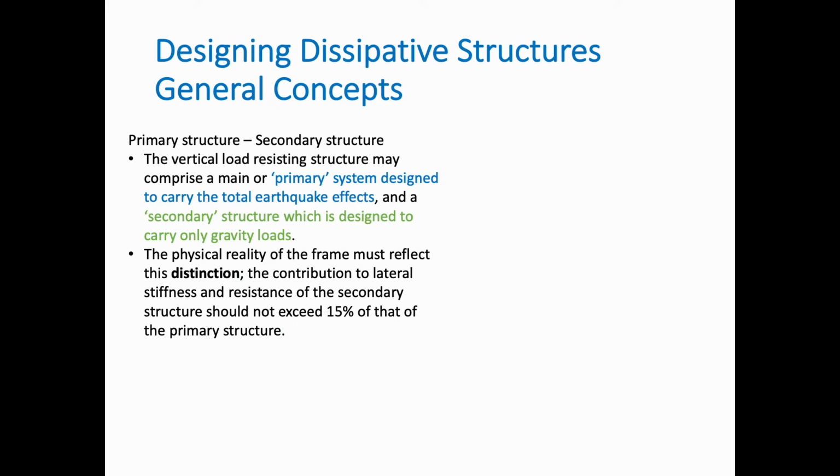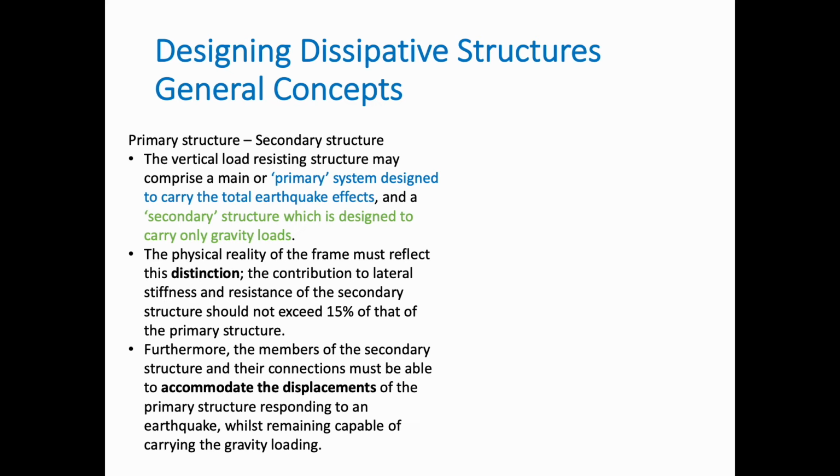The physical reality of the frame must reflect this distinction, and the contribution to lateral stiffness and resistance of the secondary structure should not exceed 15% of that of the primary structure. So it is appropriate to design for this distinction of the primary and the secondary structure. The members of the secondary structure and their connections must be able to accommodate the displacements of the primary structure responding to an earthquake while remaining capable of carrying, of course, the gravitational loads.